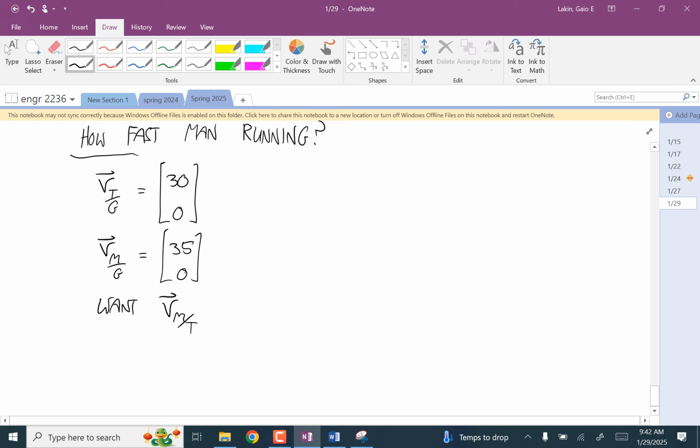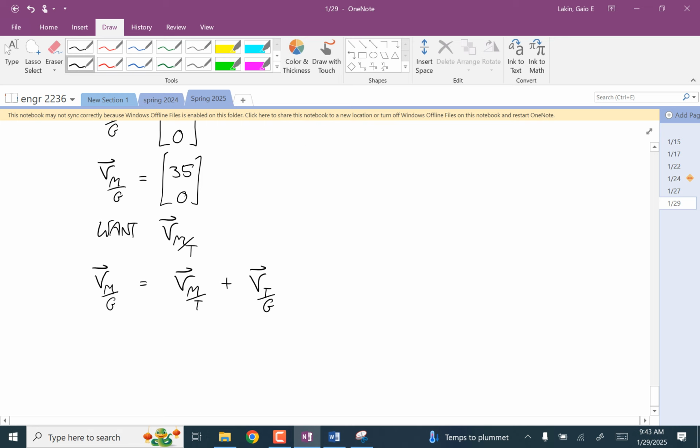So I'll set that up as velocity of the man relative to the ground, the final object relative to the ground frame, is equal to the velocity of the final object relative to the intermediate frame or the vehicle, plus the velocity of the intermediate object or vehicle relative to the ground.